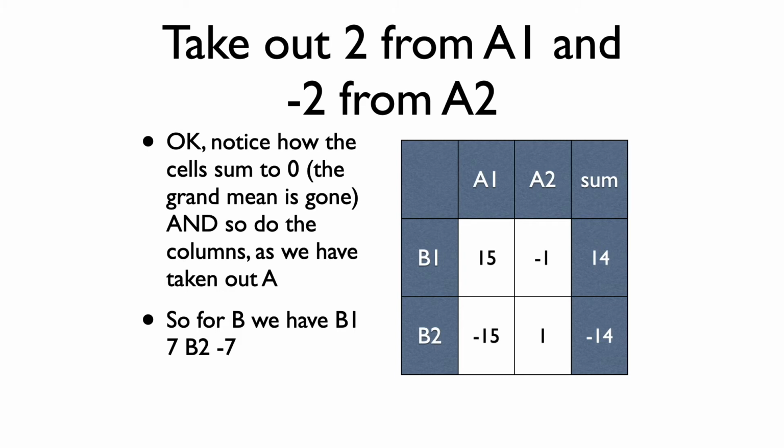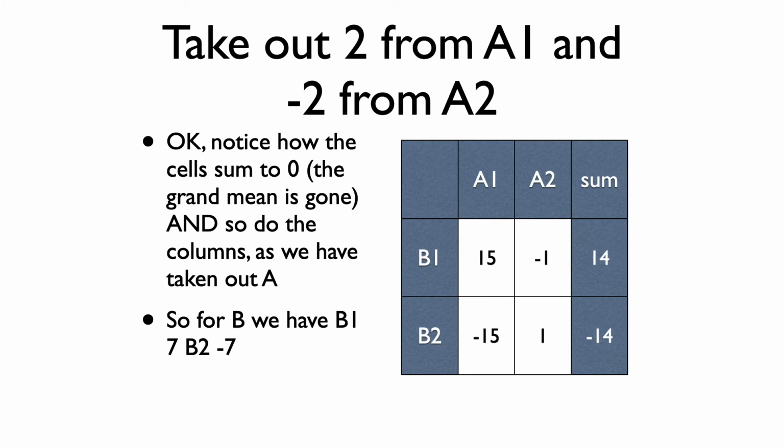So for B, what do we get? If we sum across A, for B we get 14 and negative 14, that's 7 and negative 7, because it's divided by 2. 15 minus 1, 14.